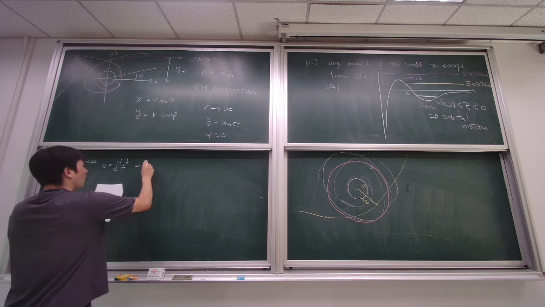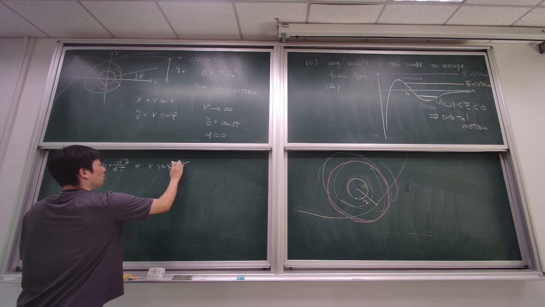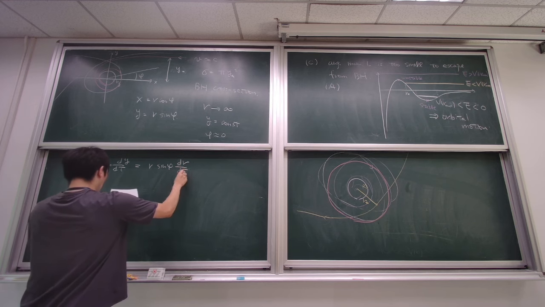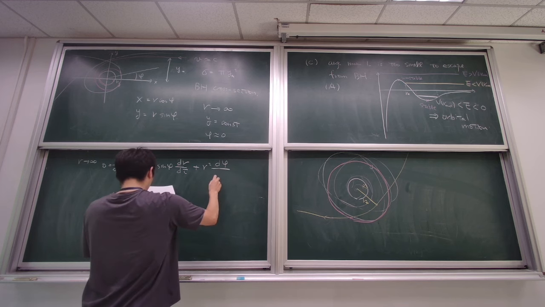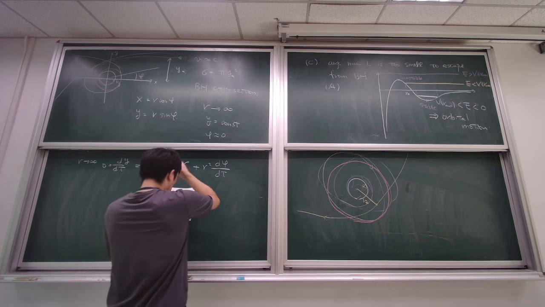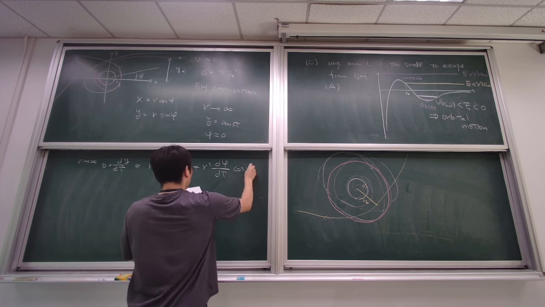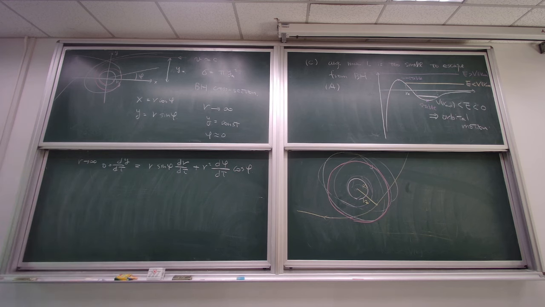Take r sine phi times dr/dtau, and then r squared dphi/dtau times cosine phi. Those are the equations you will get.